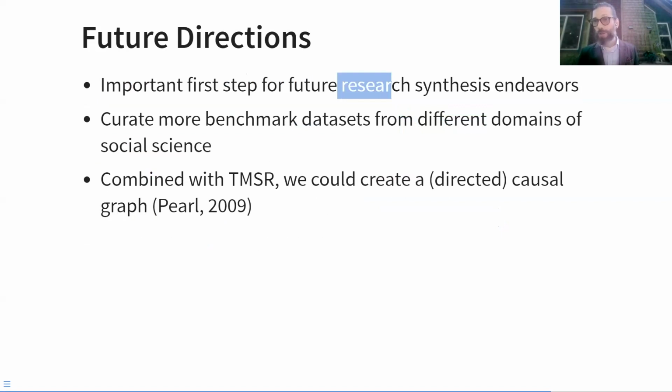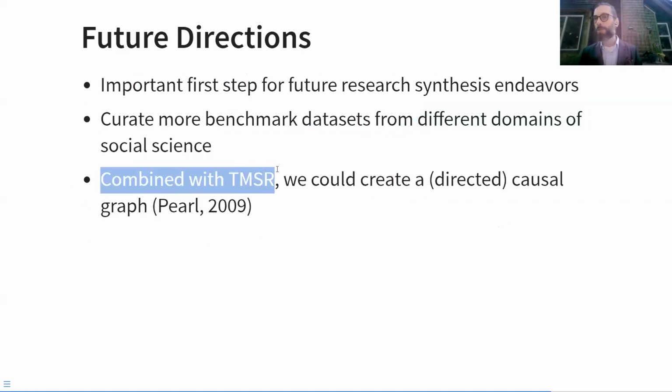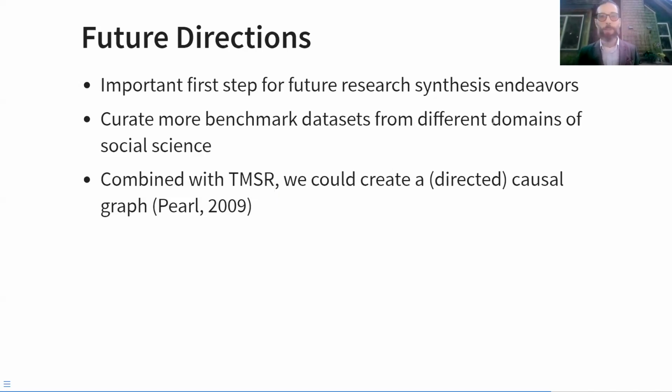And I encourage others interested in this area to curate more benchmark data sets from different domains of research, including intervention research. And if we combine this with text mining systematic review, which of course is one future direction we're taking this, then we could go further than creating a nomological net. We could construct a directed causal graph that can be used to perform causal inference in future non-experimental research.